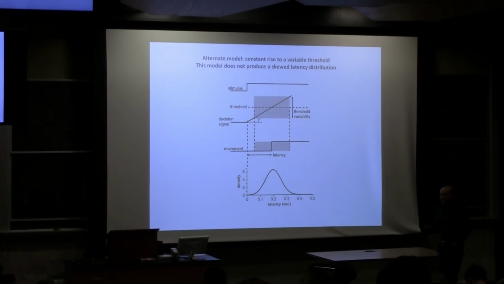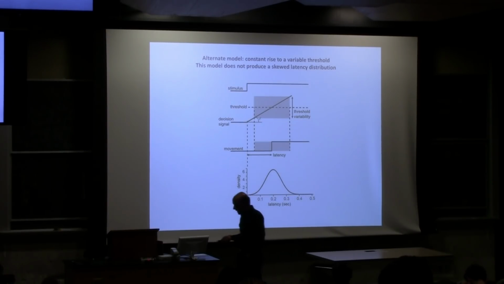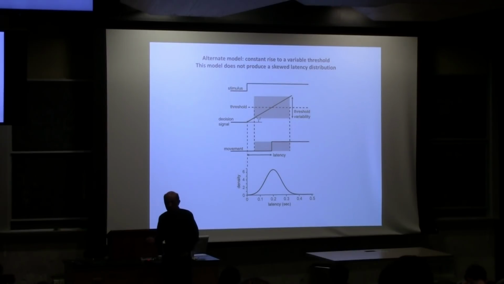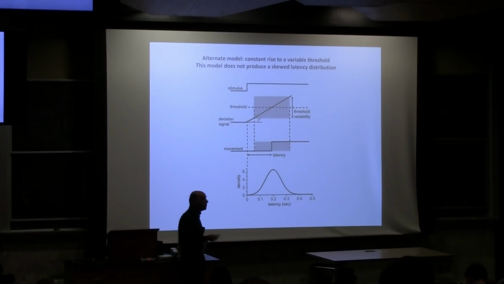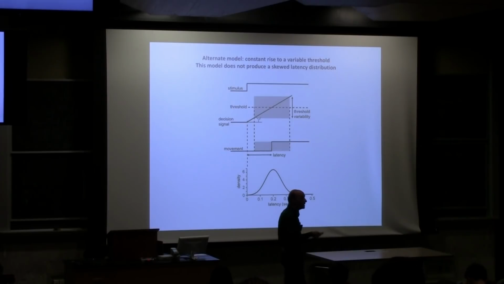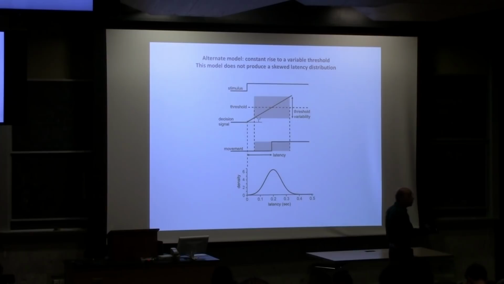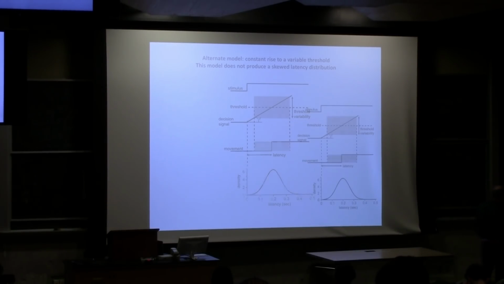Math is such a beautiful thing, because once you make inference based on mathematics, there's only one answer. Of course, it doesn't mean this is how the brain works. But at least we can make arguments based on mathematics that say if this was your model of how you reached the decision, and if you imagine it having two possibilities, that the rate of rise is what's variable or the threshold is what's variable, the reaction times that you collected are consistent with only one of those hypotheses: that it's the rate of rise that's variable, not the threshold.